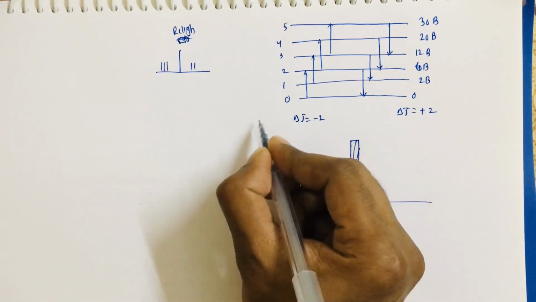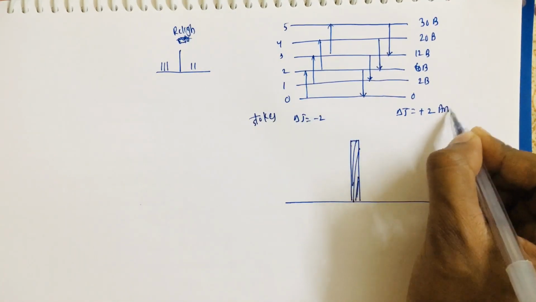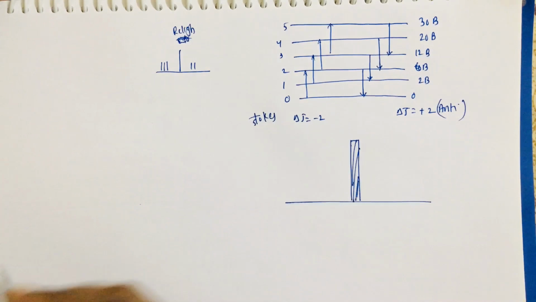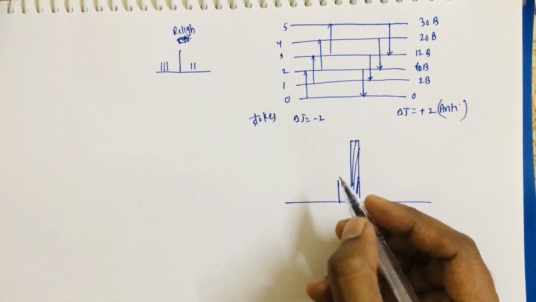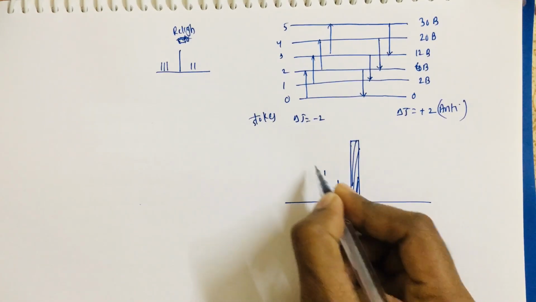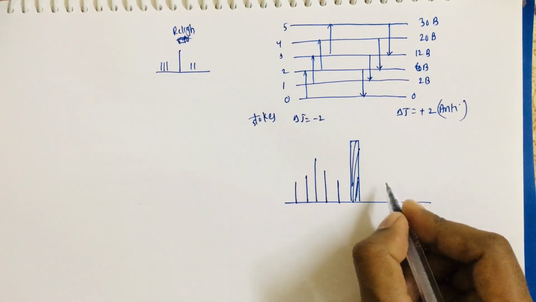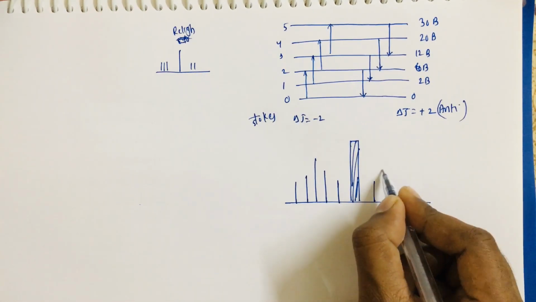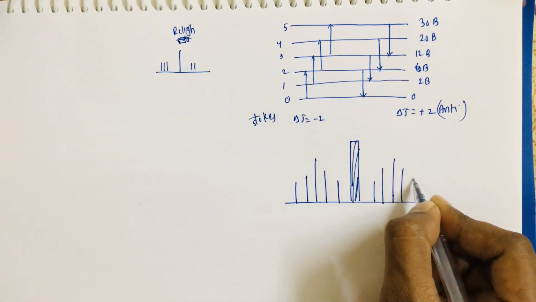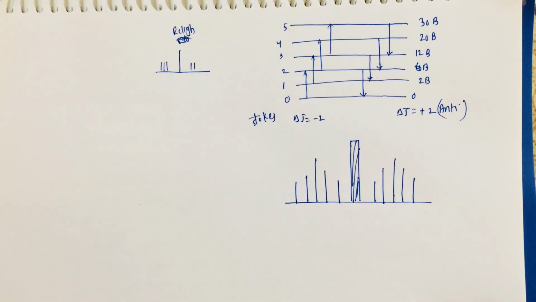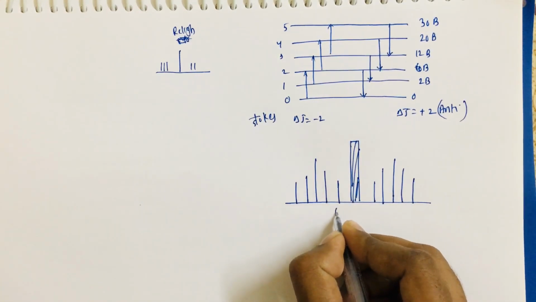Negative means these are Stokes lines, and positive means these are anti-Stokes lines. Now the spectra looks like this, and then like this, and this spectra is very important, like this. And the energy of this one is 6B.